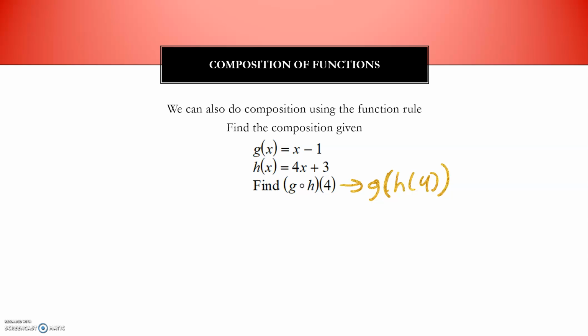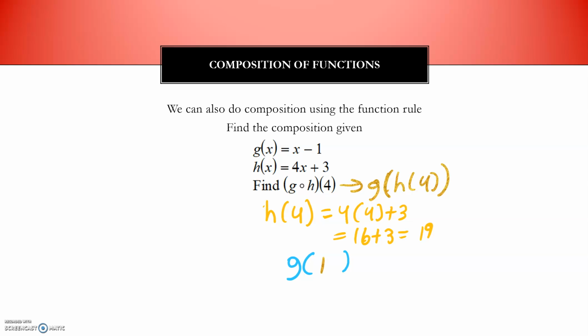I think of that as the O in "of", g of h of 4. We're going to do this the same way. First I need to find h, the inside function, of 4, which is 4 times 4 plus 3. 16 plus 3 is 19. Now I need to find g of that value.